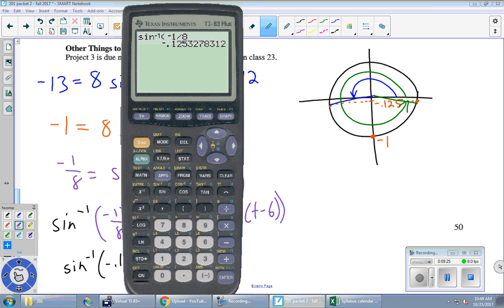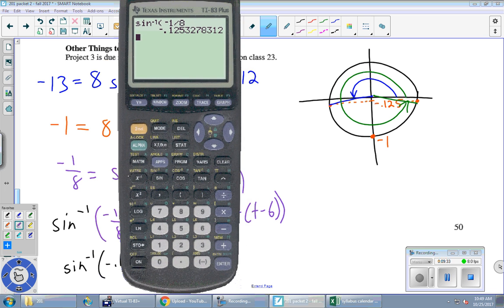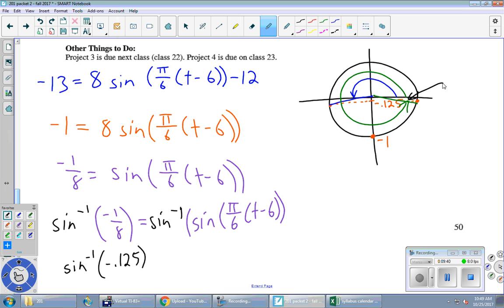It's okay. So -0.125-ish is the value of that green angle going the short way. What that means, if we label our picture, is this angle right here is -0.125-ish.